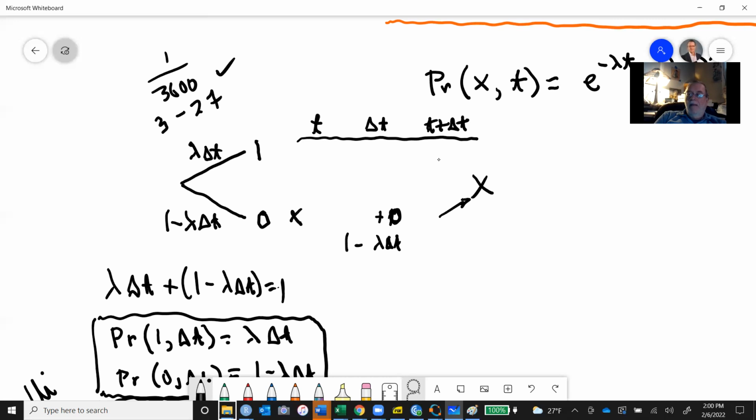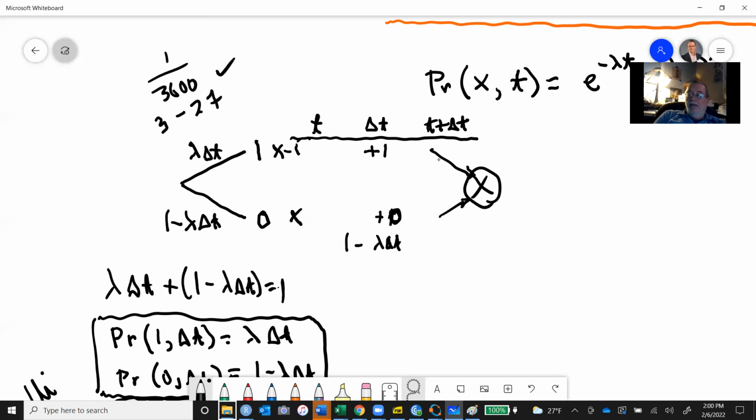Or you can have X minus 1, whatever X is, at the beginning. You can have an event occur, somebody arrives. So X minus 1 plus 1 gives you, again, X at the end of the interval. So we have two ways, two probabilities.